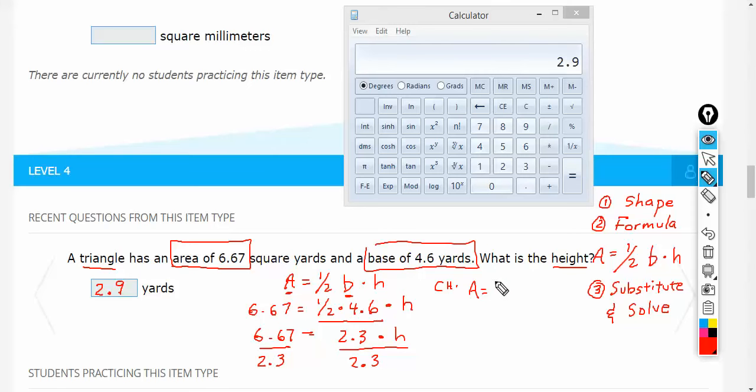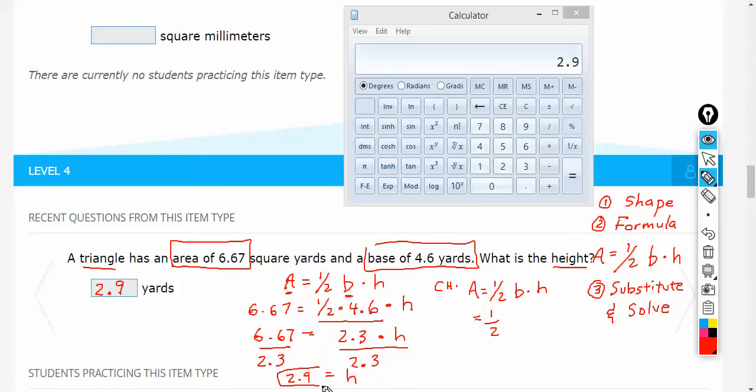Area equals half base times height. We're going to put half. Let me finish this. This cancels and this gave us H because these canceled, so H was 2.9.